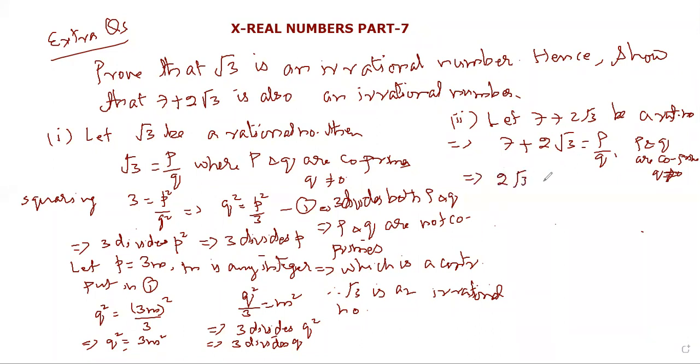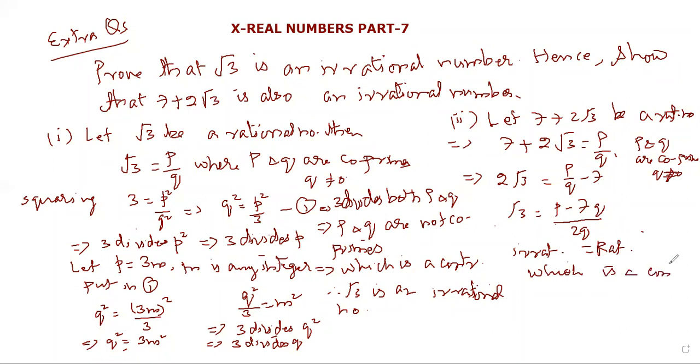We get 2 root 3 is equal to P by Q minus 7, or root 3 is equal to p minus 7q upon 2q. The left hand side is irrational and the right hand side is rational, which is a contradiction. Therefore, 7 plus 2 root 3 is an irrational number.